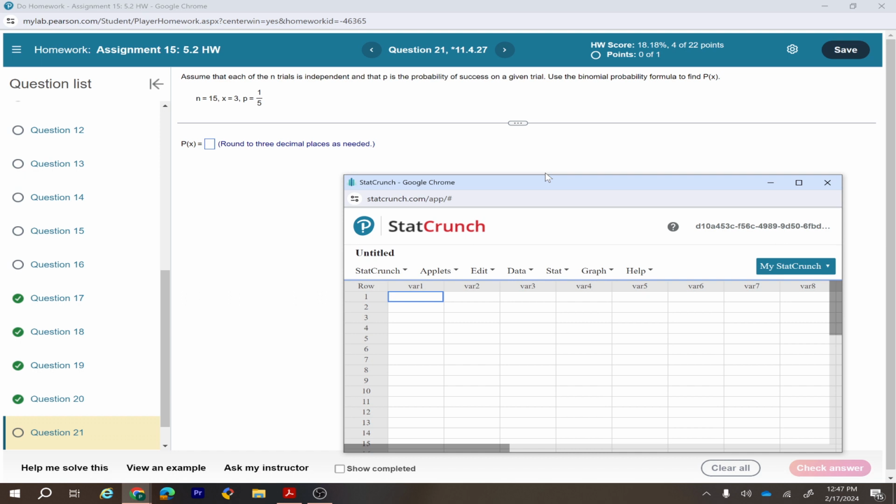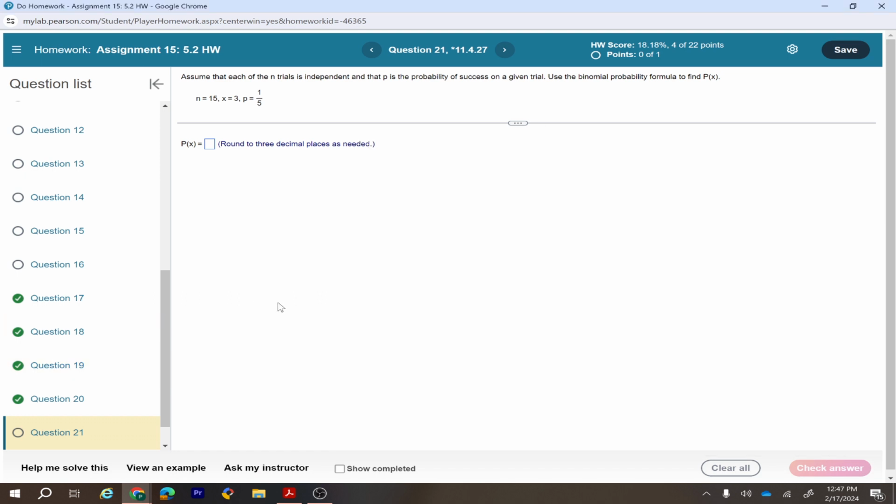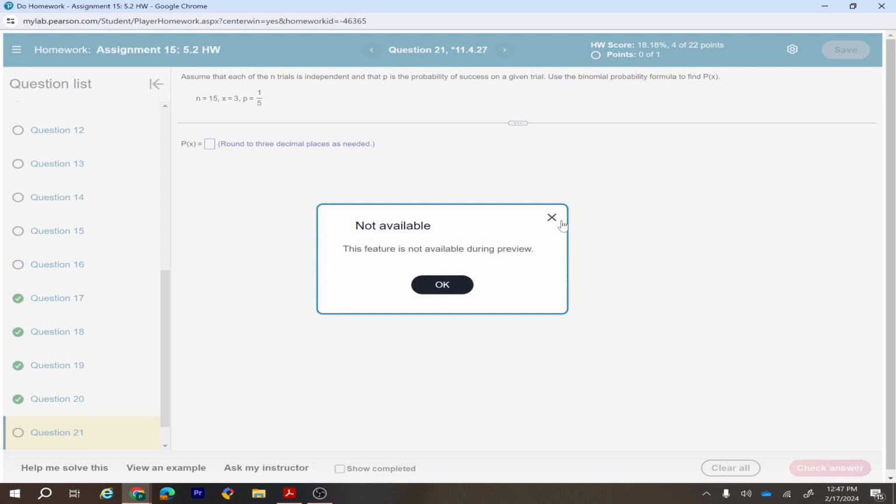Open the StatCrunch page. If you don't know how to do that, you can go to statcrunch.com. Let me see. No, not this.